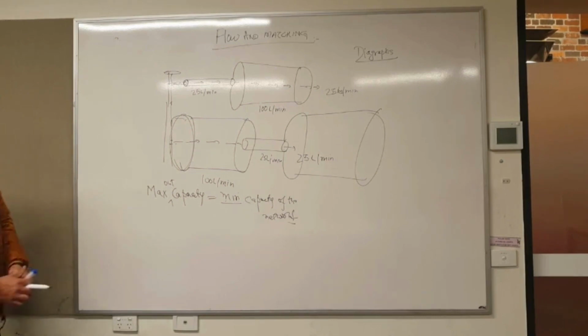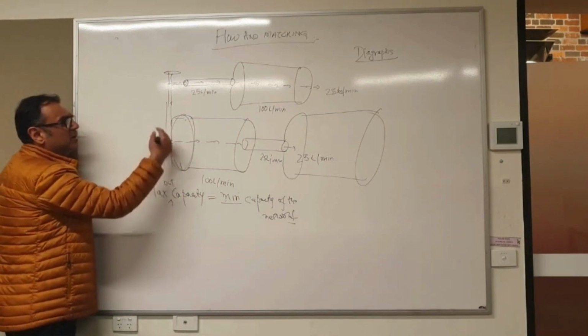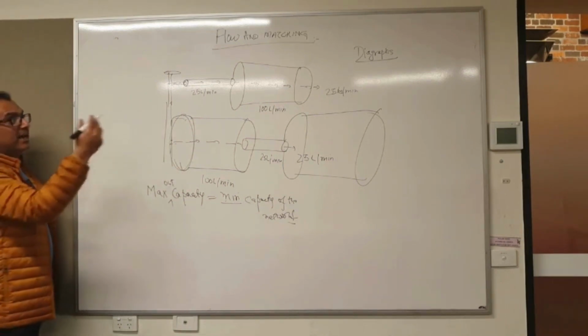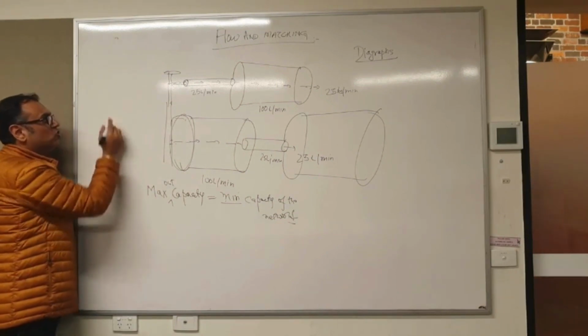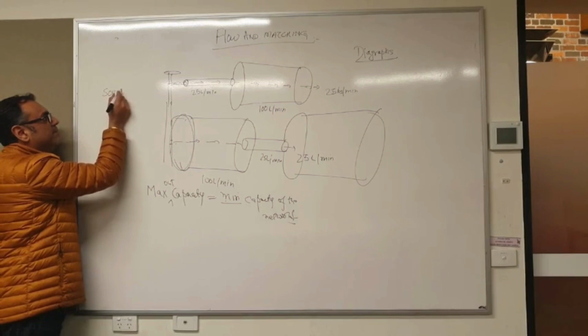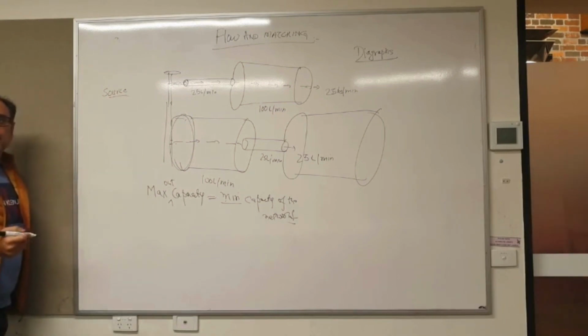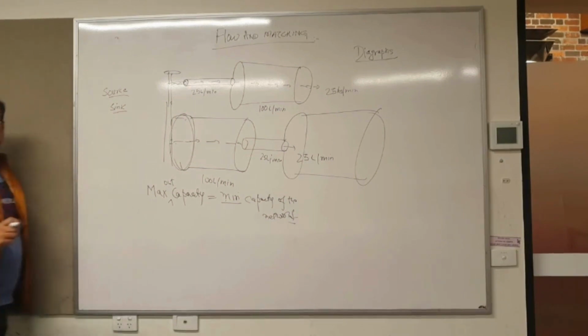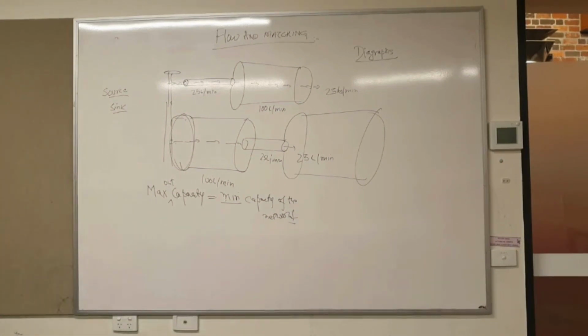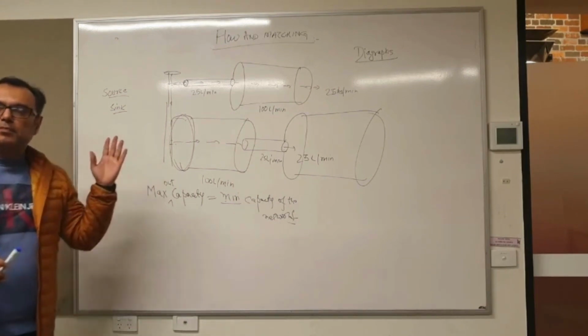All good? In the world of flow and matching, the source is called the source, obviously, and the target is called the sink. Source to sink. So sink basically means the target. Right?